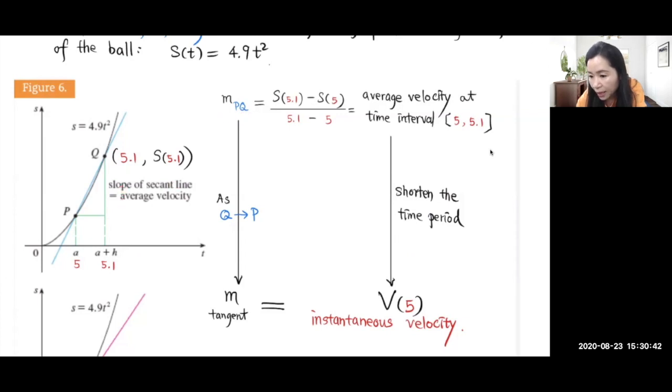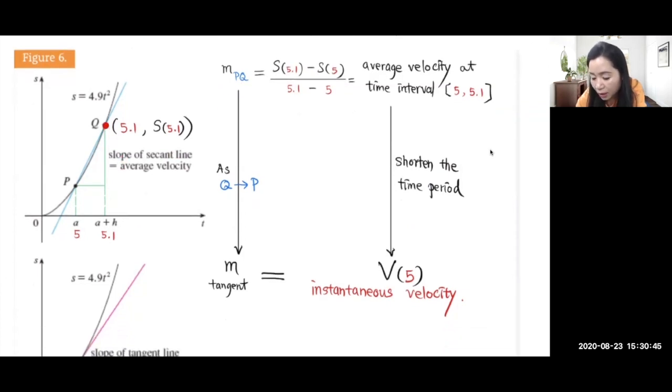And as you move this Q along the curve, getting closer and closer to P, you shorten this time period. It's the same as shortening the time period, so the time period will be 5 to 5.001.